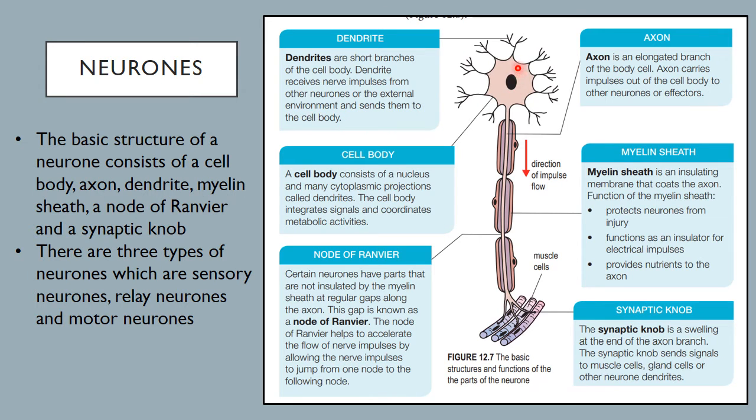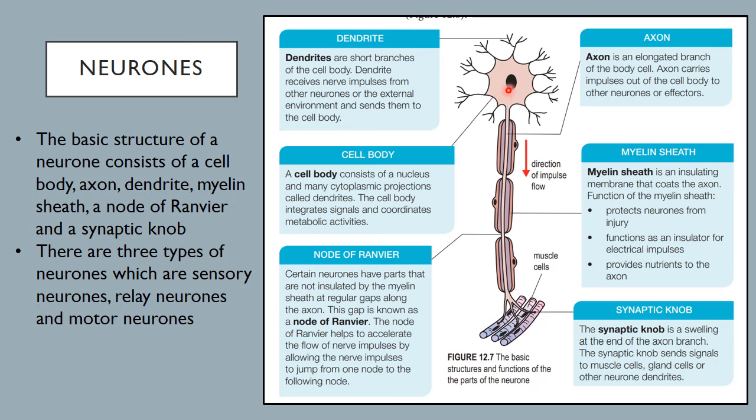And then this structure called cell body, where cell body consists of nucleus and many cytoplasmic projections called dendrites. Cell body also contains organelles such as mitochondria, endoplasmic reticulum, and also Golgi apparatus. Cell body integrates signals and coordinates metabolic activities.